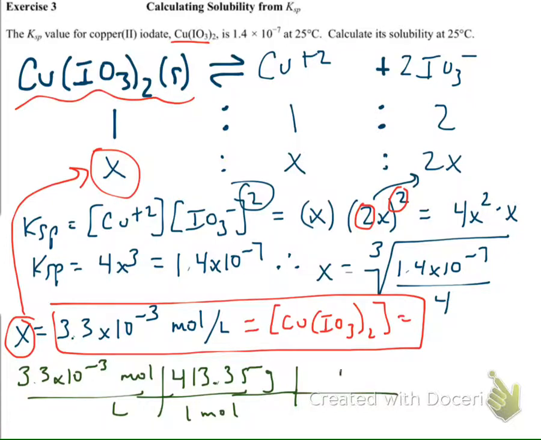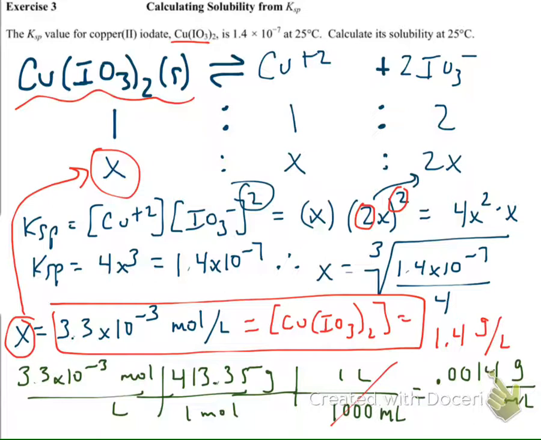And if we want to convert our liters to milliliters, we can. And we get a value of 0.0014 grams per milliliter. And if we actually take that back to liters, that is 1.4 grams per liter.